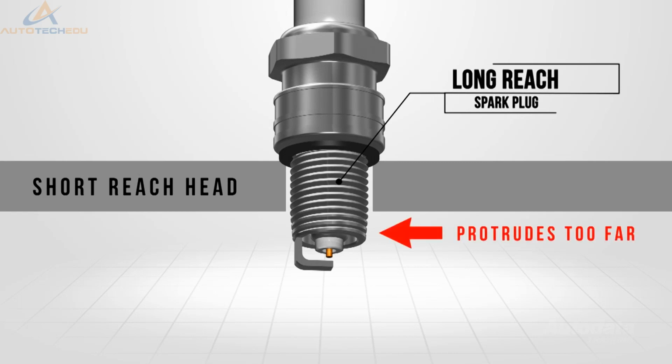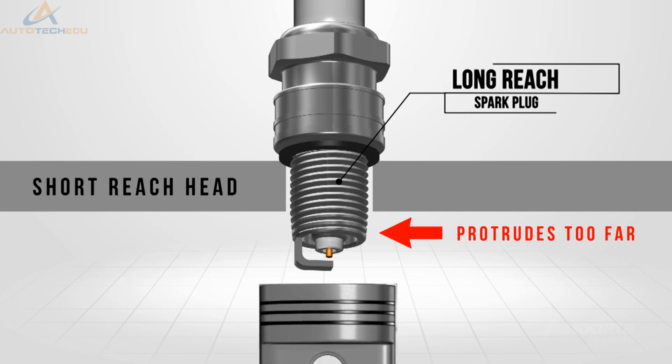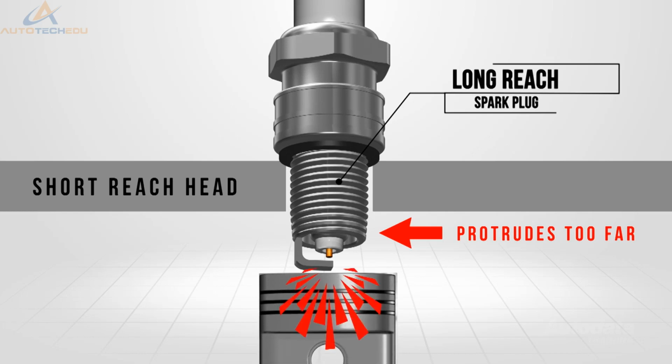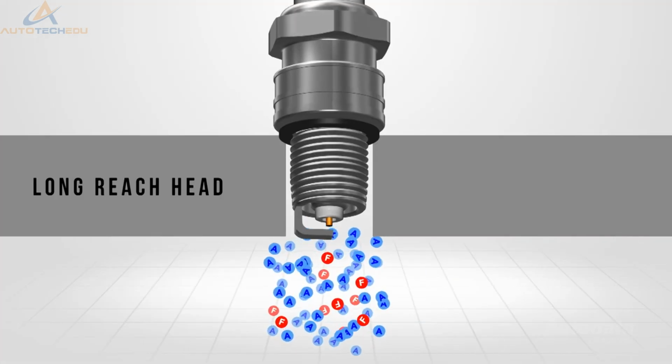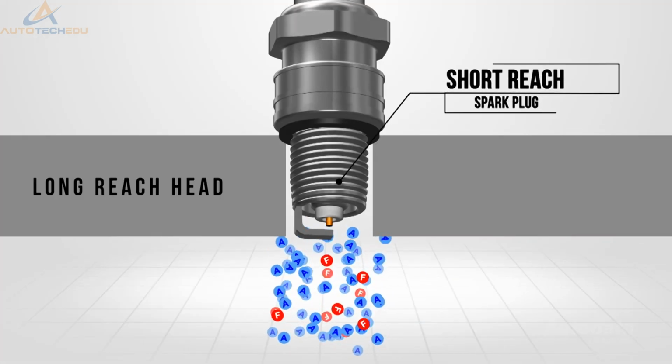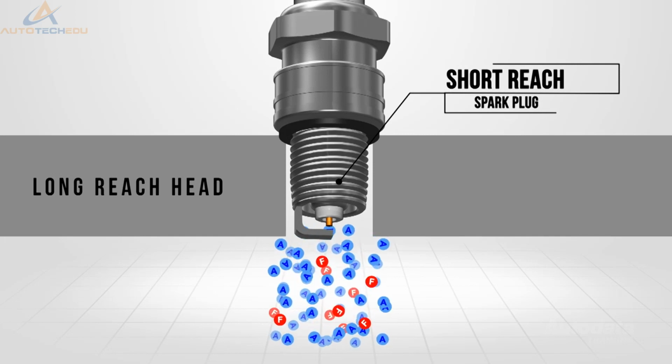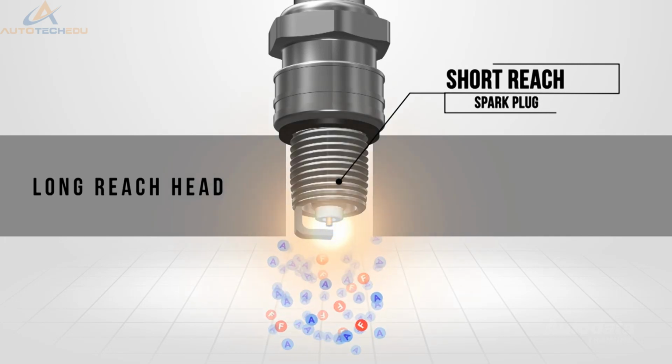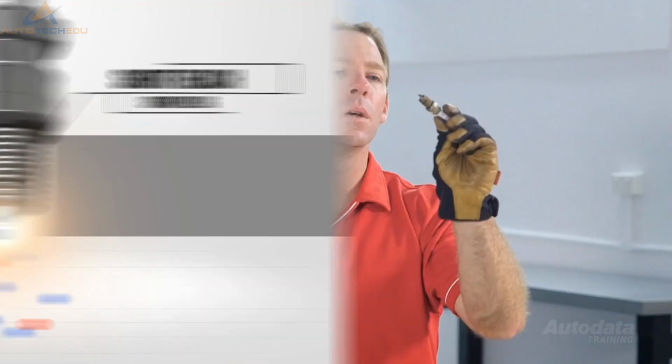A plug that protrudes too far through the cylinder head runs a high risk of being hit by a piston, causing damage. A short reach spark plug installed into a long reach situation will result in an inefficient burn, as the cylinder head will shield the spark as the plug fires. Spark plug threads can become encased in burnt fuel and oil deposits, which may damage the cylinder head when removed.